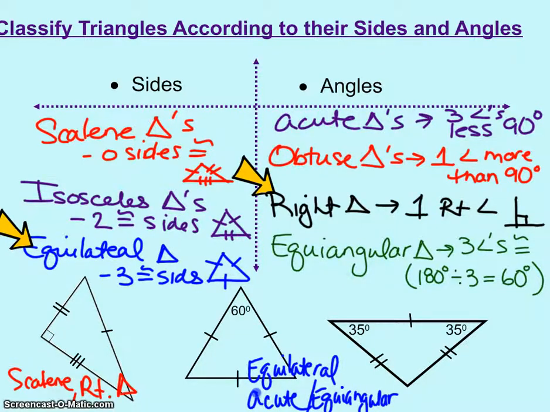This third triangle right here, we notice that it has two sides the same. This side is marked double and this side is marked double. That means that we have two sides the same. So when we look at our list of terms, we see that not scalene, but isosceles. So that is an isosceles triangle.